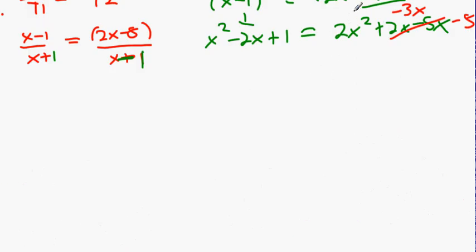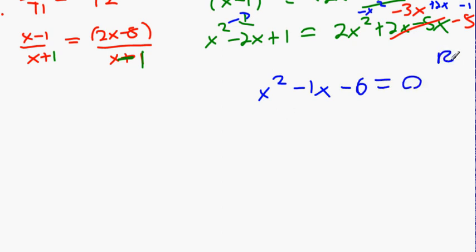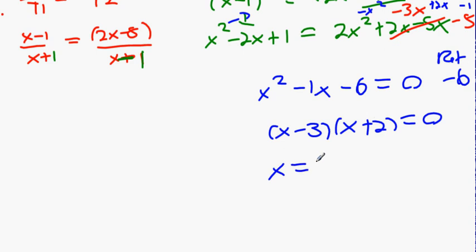We're going to get 2x squared minus another x squared, which is going to be x squared. Minus 3x minus 2x is minus 1x, and then 1 minus 5 is minus 6 equals 0. Reference number of minus 6, so we're just going to get x minus 3, x plus 2 equals 0, x equals 3, or x equals minus 2.